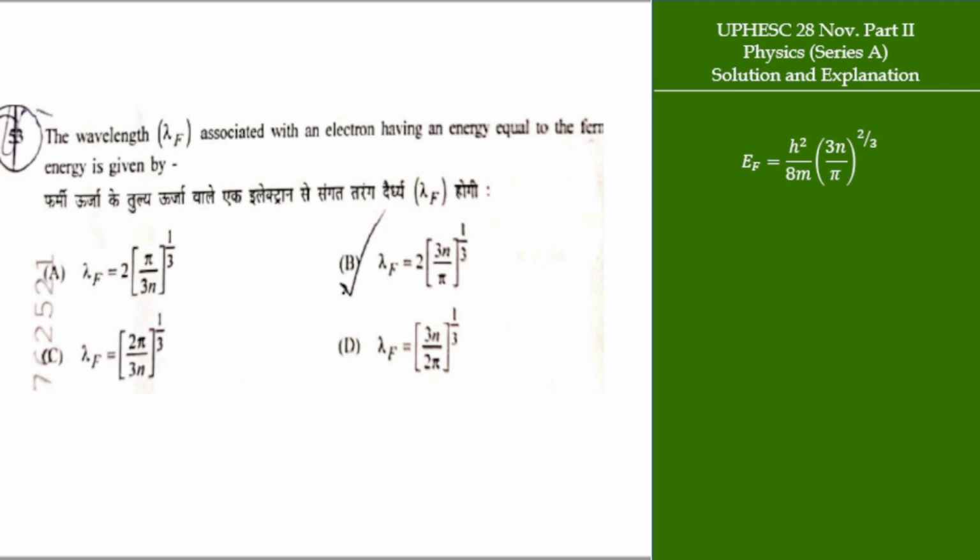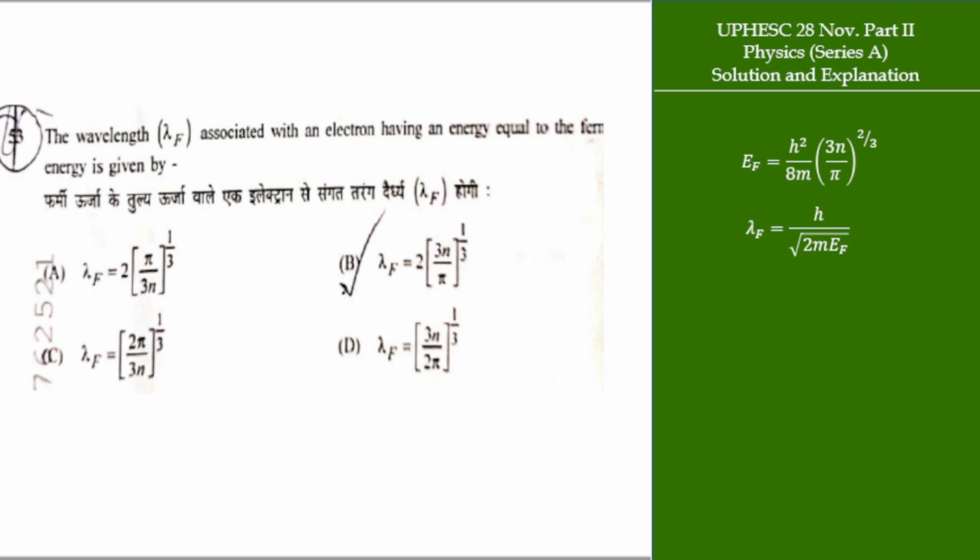The Fermi energy is given by h square by 8m times (3n divided by pi) whole power 2 by 3, while the de Broglie wavelength associated with an electron is given by h by square root of 2m EF.